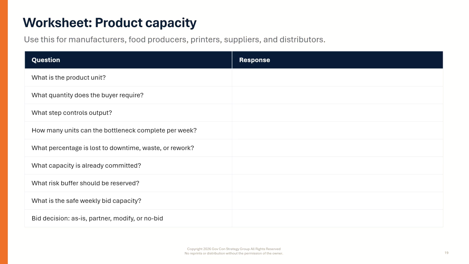That final number should guide your decision. You can bid as is, partner with another company, ask to modify the quantity or delivery schedule, or make a no bid decision. The point of this worksheet is simple. Do not bid based on hope. Bid based on the amount your business can safely produce, deliver, and manage.